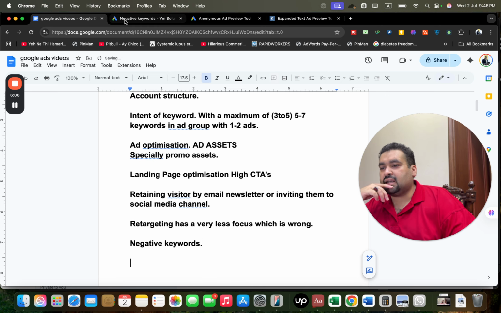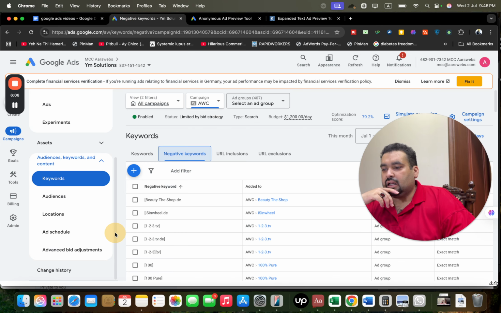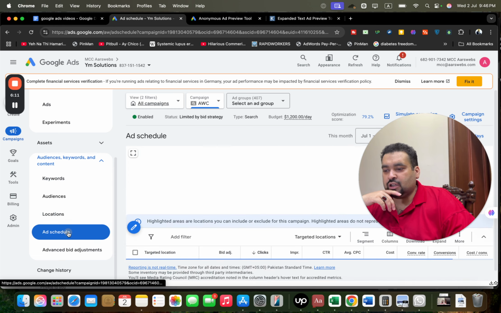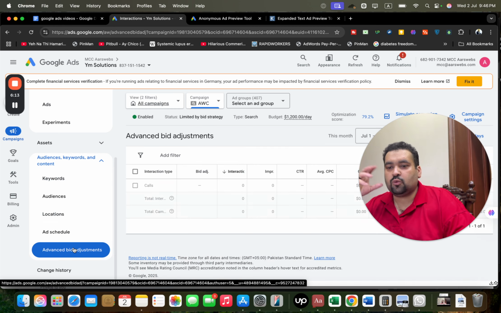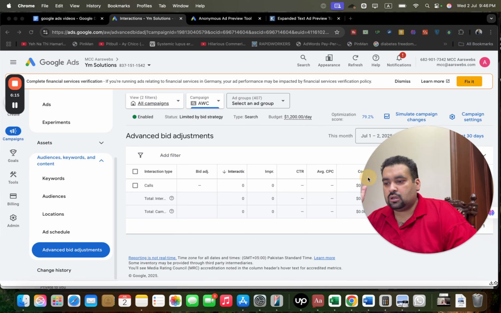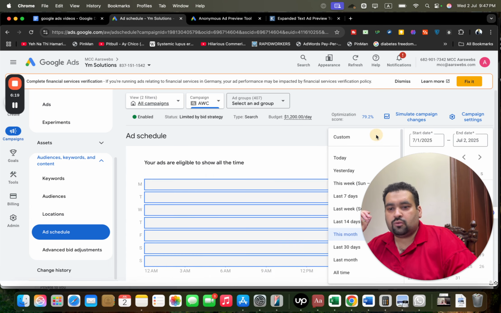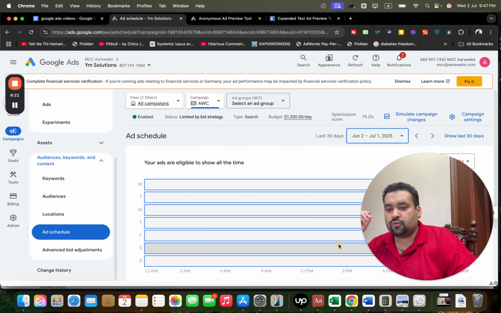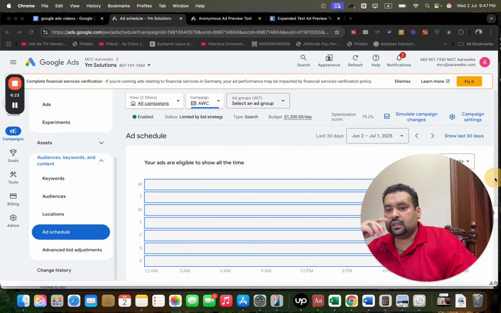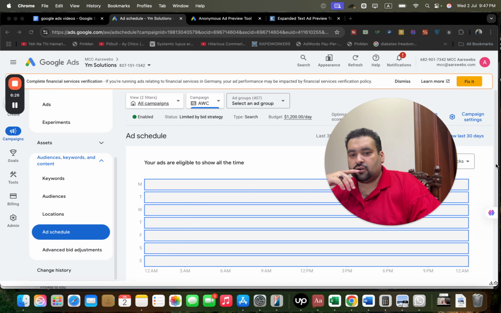Apart from negative keywords, I think that looking around in location, ad schedule, and bid adjustment to see which kind of audience is converting well for you, which timings are working well for you. For instance, if I'm going to go for the last 30 days, you may see over here that the data can explain a lot of things to me.